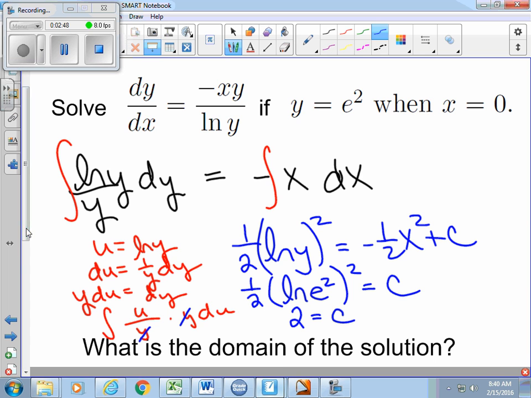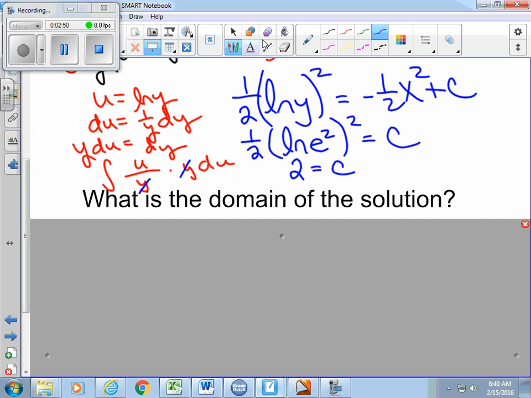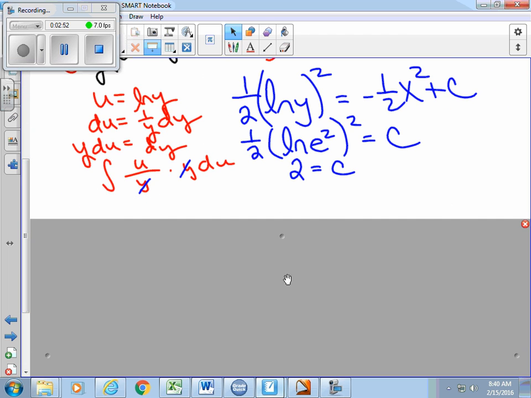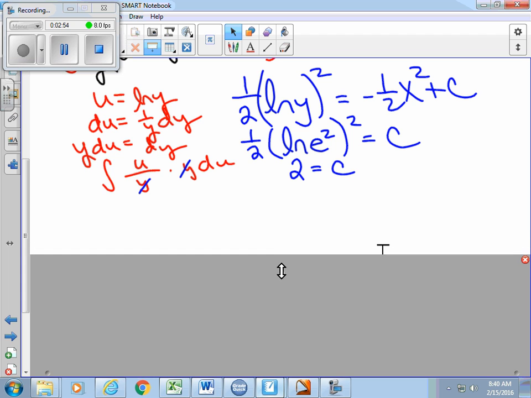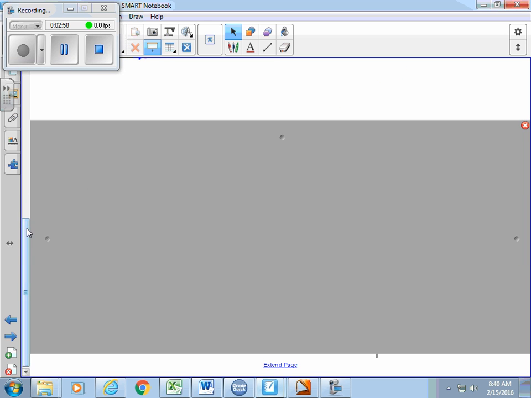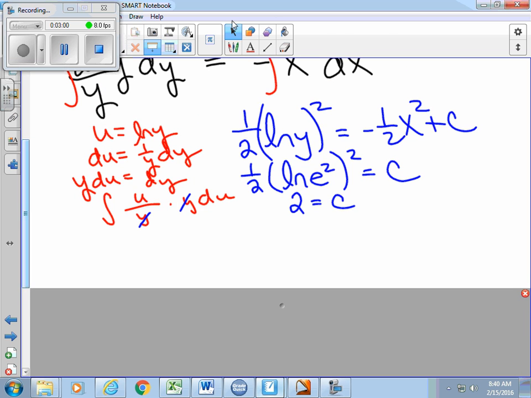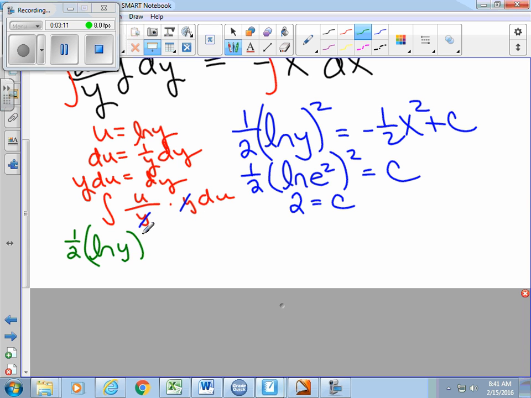So c is 2. And so now I have 1/2 natural log of y, squared, equals negative 1/2 x squared plus 2.